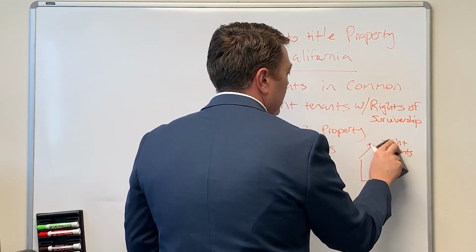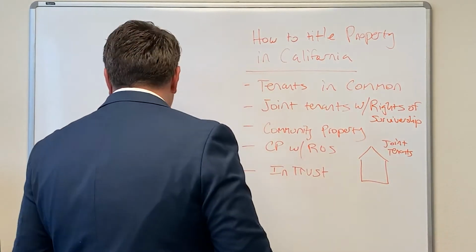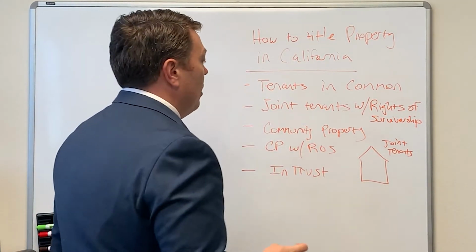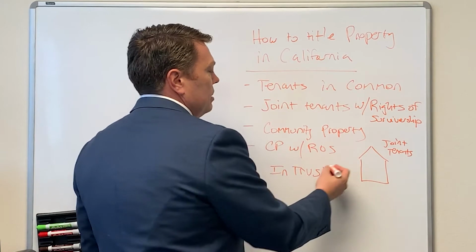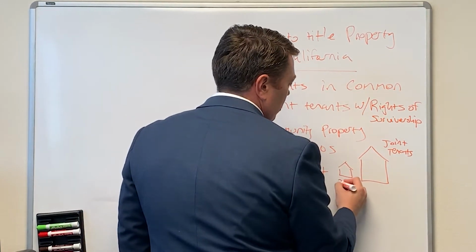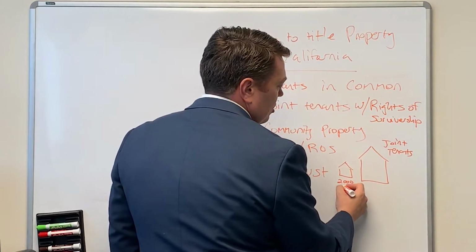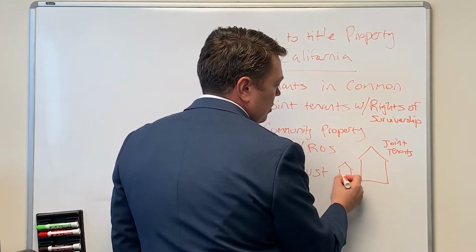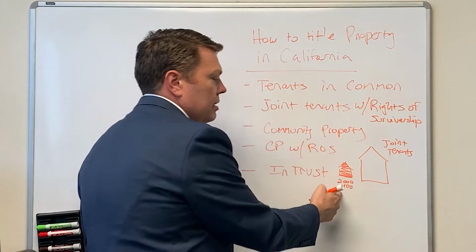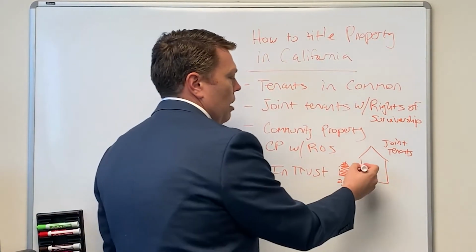One of the main downsides is taxes. Now, when you buy a property, let's say you bought a property in the year 2000. Let's say that you bought it for $400,000 in the year 2000, so your property tax basis is roughly $400,000 in that property.